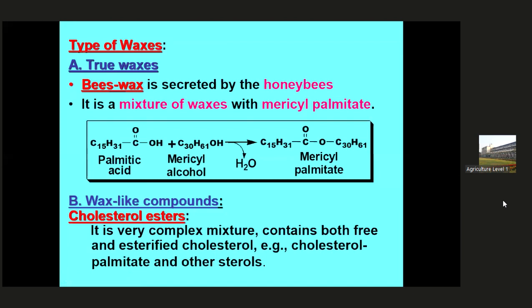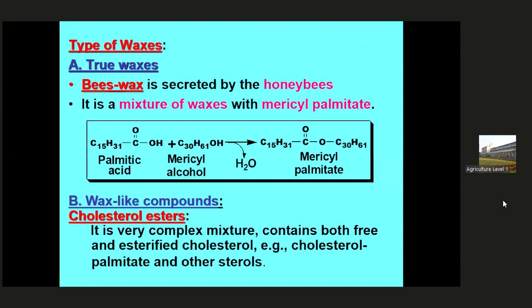Then there are wax-like compounds. There are different types of wax-like compounds. They are not true wax, but they are also called wax because they contain the properties of wax, like cholesterol ester. Cholesterol is like myricyl alcohol, as it also contains one alcoholic group, a monohydric alcohol.